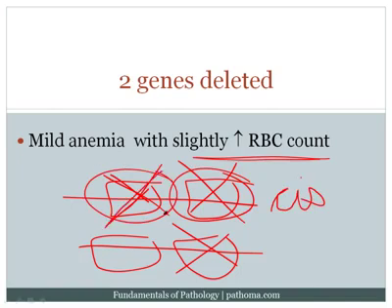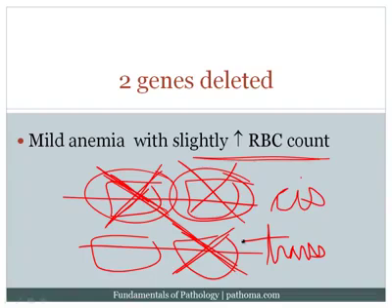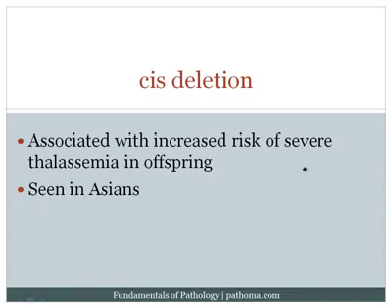Or it's possible that you could knock out these on opposite chromosomes, and that's called trans. One possibility is cis and the other possibility is trans. And the cis deletion is important because the cis deletion is worse than the trans deletion. So that's a question that could be asked. Which is worse, the cis or the trans? And the reason that the cis is worse is because it's associated with an increased risk of severe thalassemia in the offspring.